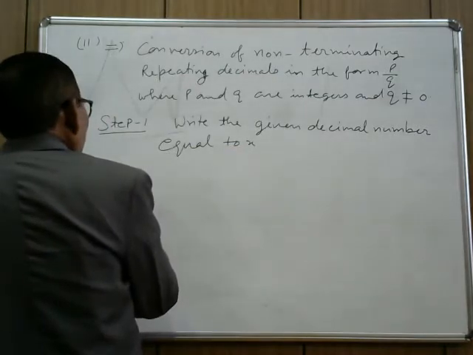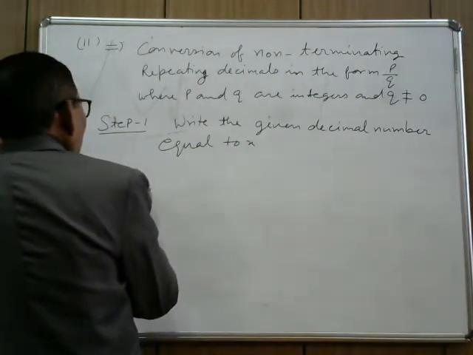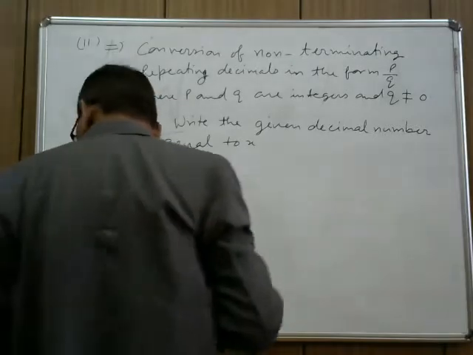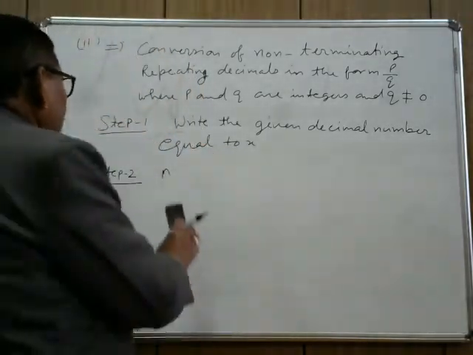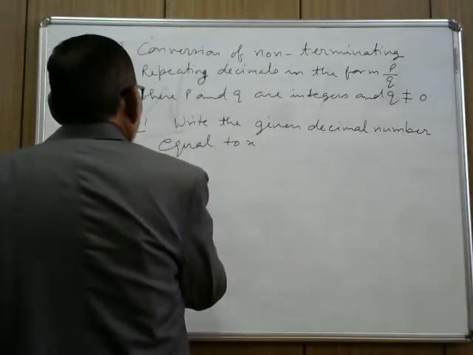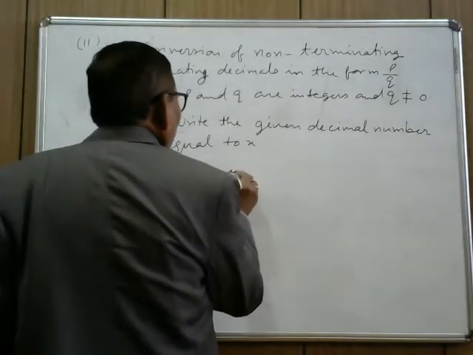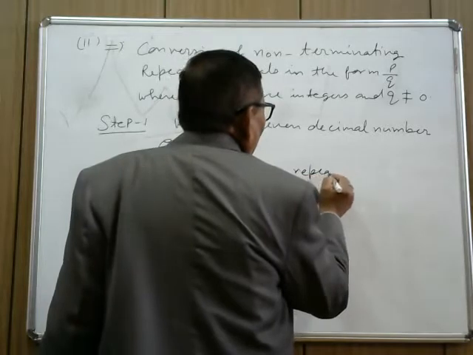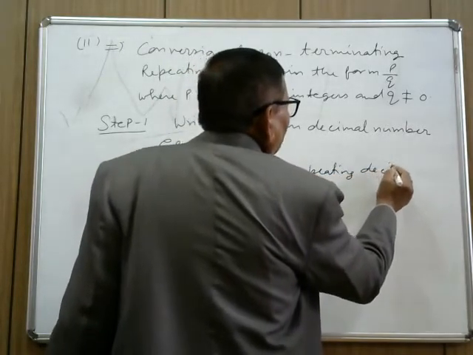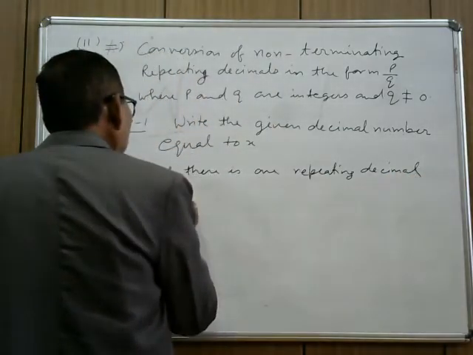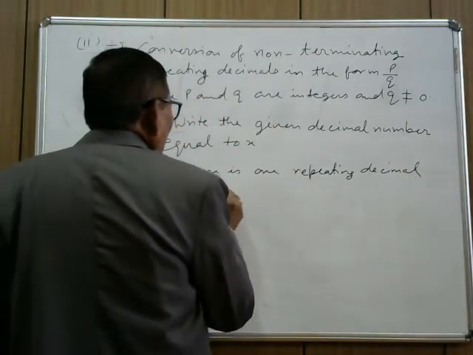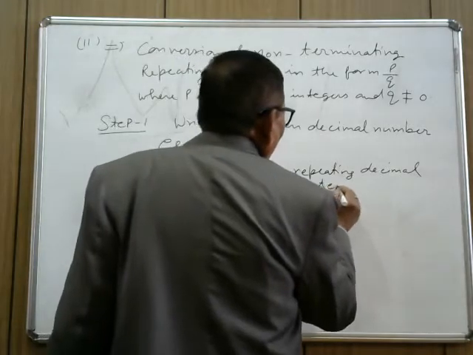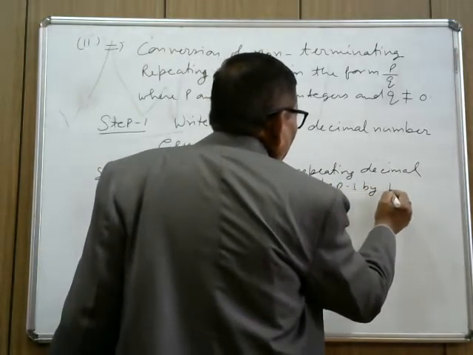Step 2: multiply. If there is one repeating decimal digit, then you multiply step 1 by 10.